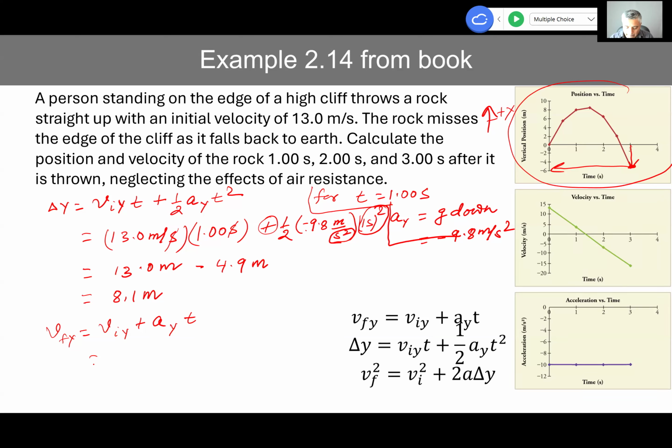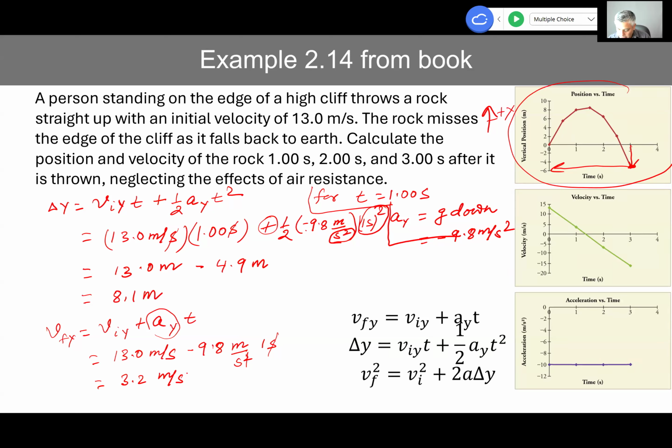So initial velocity is 13.0 meters per second, and then this is negative 9.8. I'm going to just write that down, and time is 1 second. One of these seconds cancels, so 13 minus 9.8 is 3.2 meters per second.